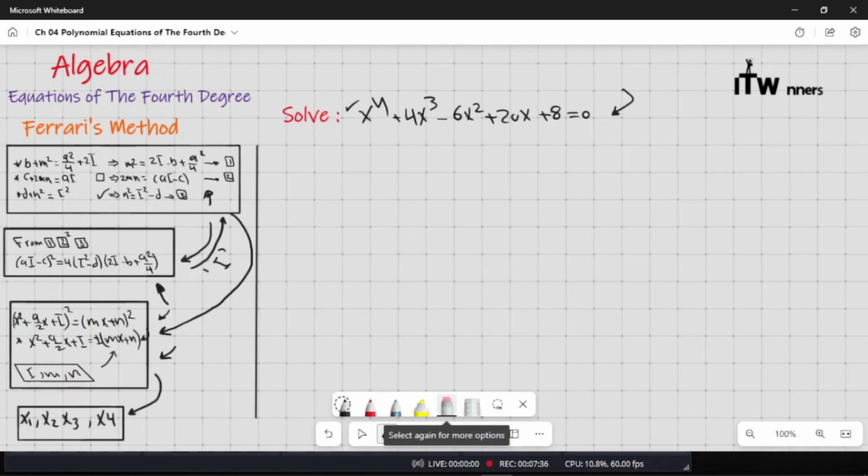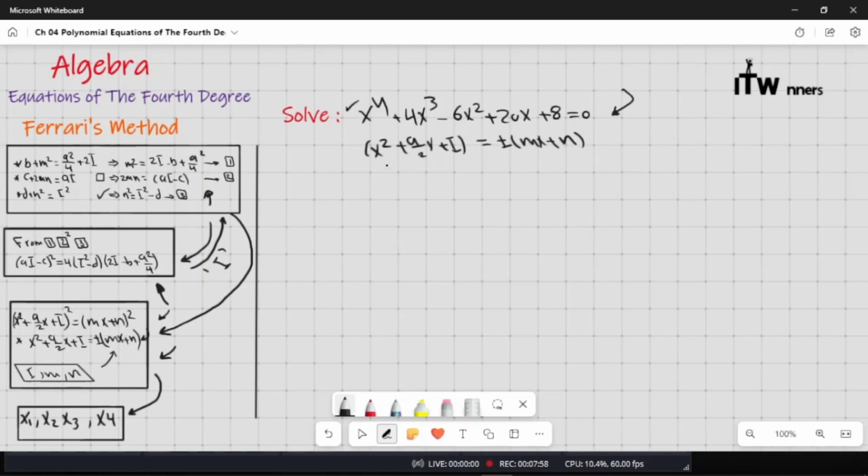Okay, we have here from this equation x squared plus 2x plus I equal to plus or minus mx plus n.